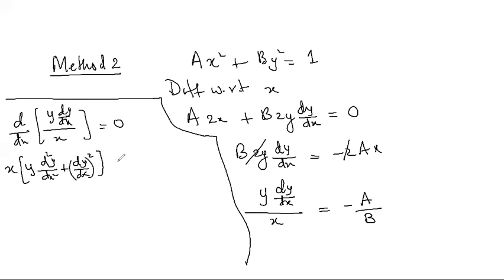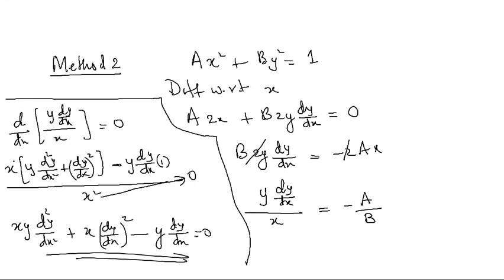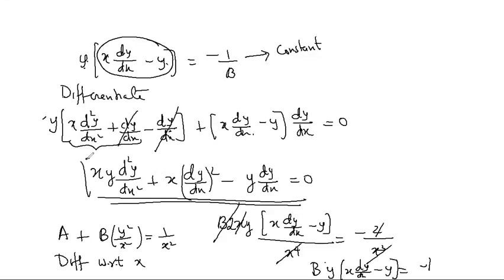Denominator into derivative of numerator minus numerator into derivative of denominator upon square of the denominator equal to 0. But this will get multiplied with 0, so that will go away. So my answer will be x d2y by dx2 plus x dy by dx the whole square minus y dy by dx equal to 0. This is exactly the answer which I got before. Just check. Is it not the same answer?